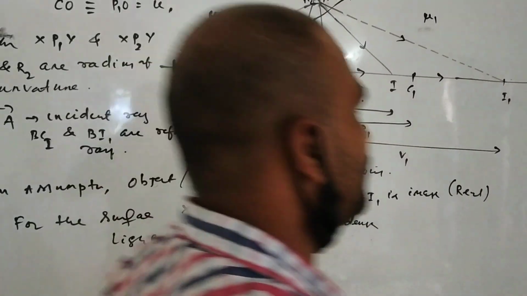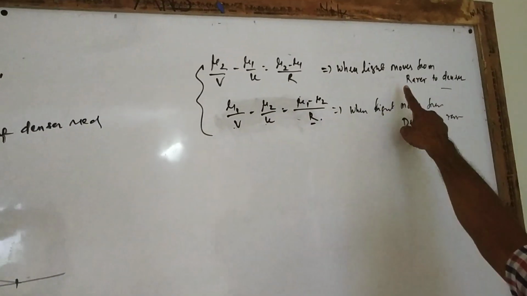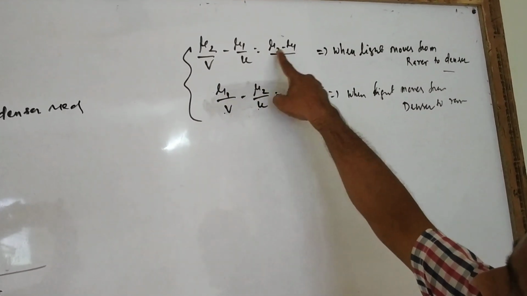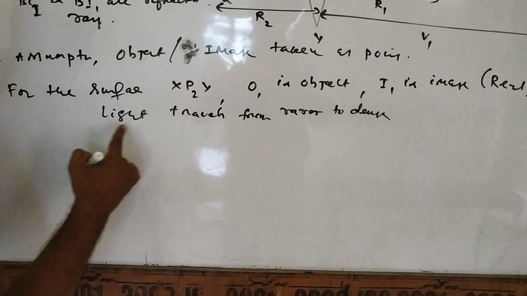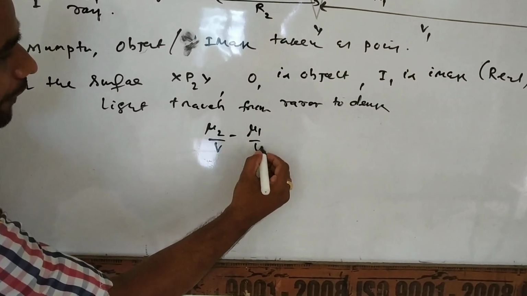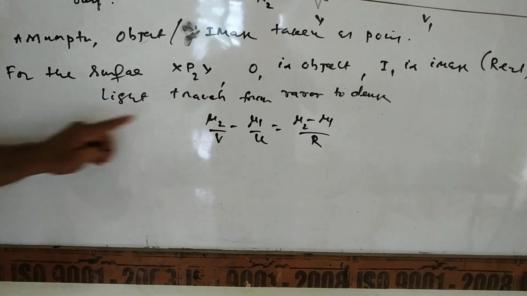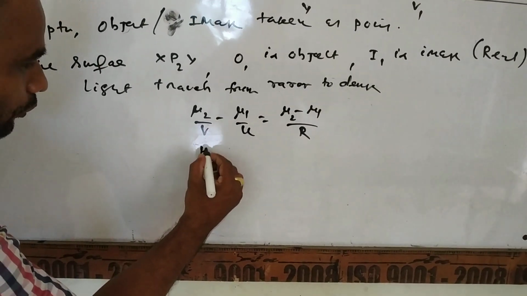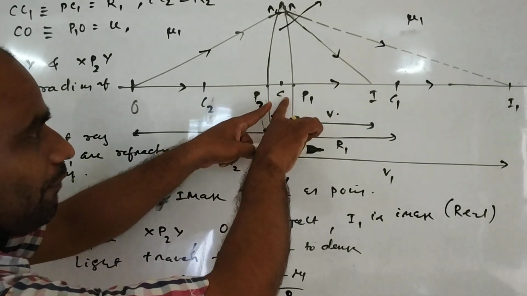I have told you that when light moves from rarer to denser, the formula is mu2 by v minus mu1 by u equals mu2 minus mu1 by r. Here v is the image distance, so mu2 by v becomes mu2 by v1, the image distance from C to I1.